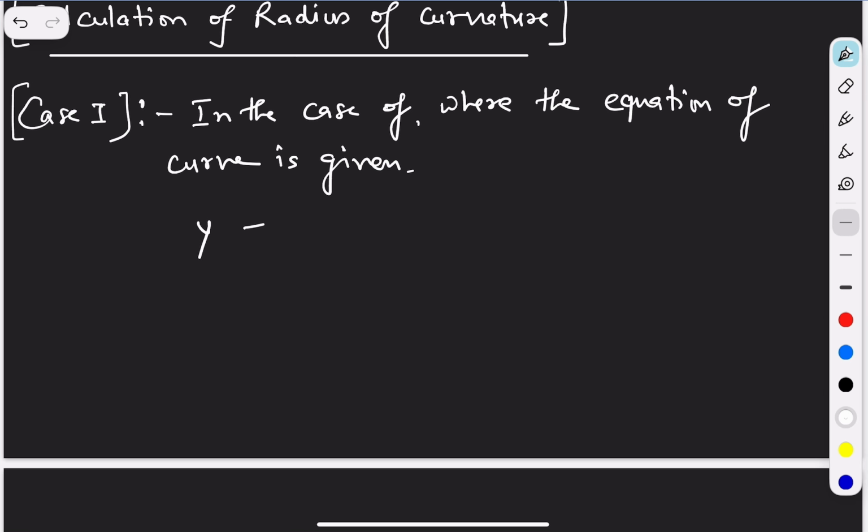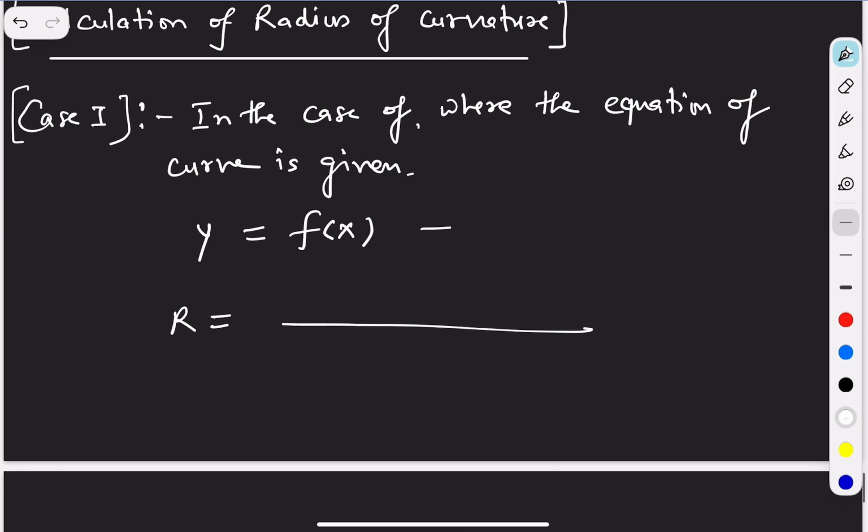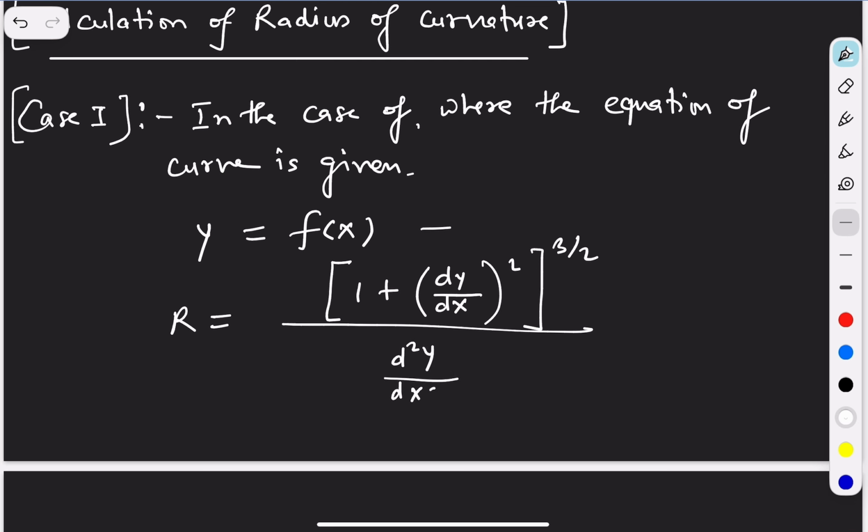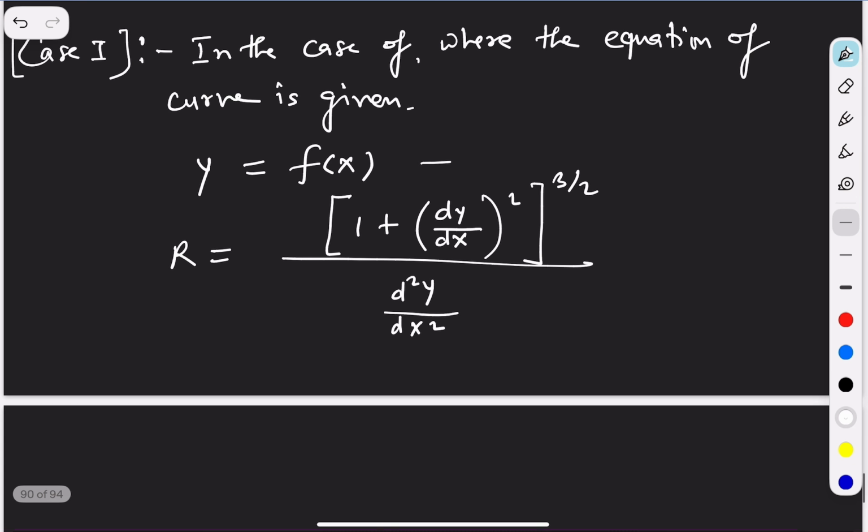In that case, if you want to find out the radius of curvature, r will be given as 1 plus (dy by dx) whole square, to the power 3 by 2, divided by d square y by dx square. So this will be the radius of curvature. This way we can find it out. This is a very general formula.